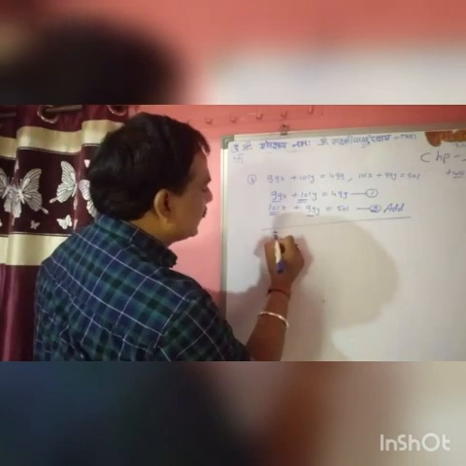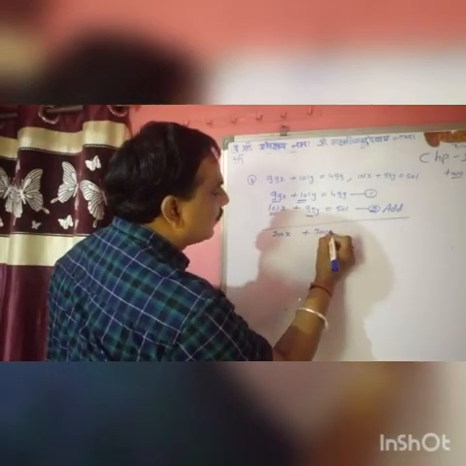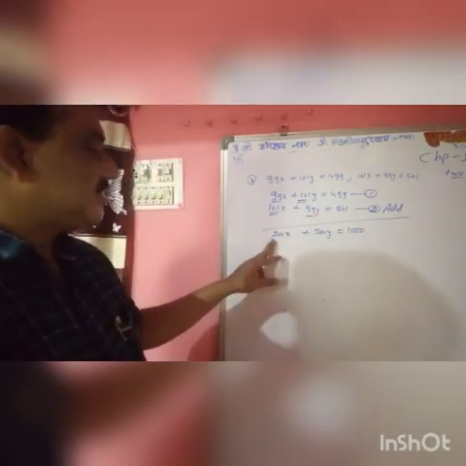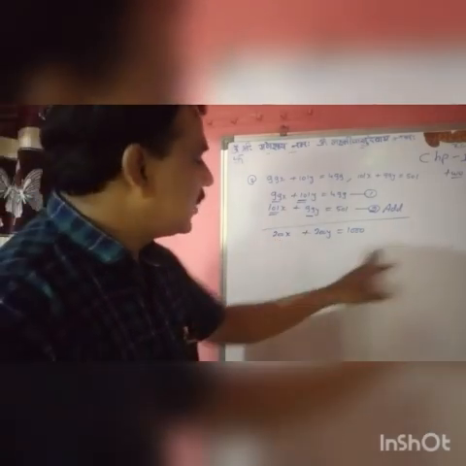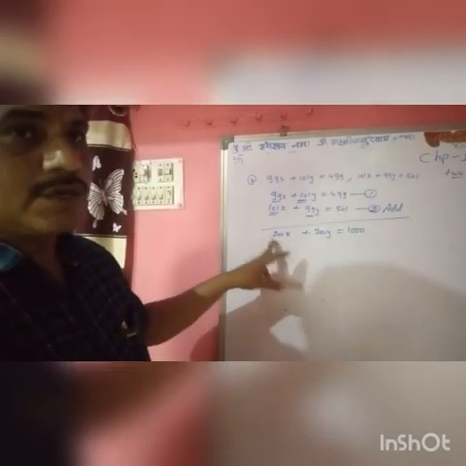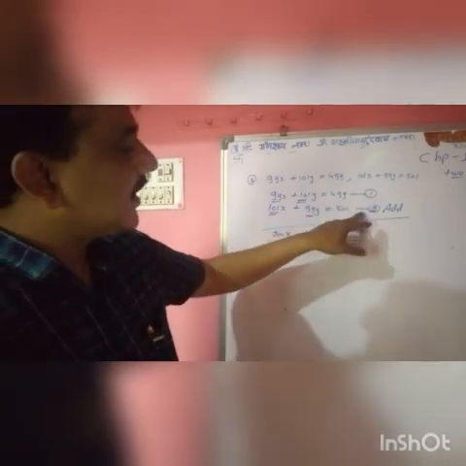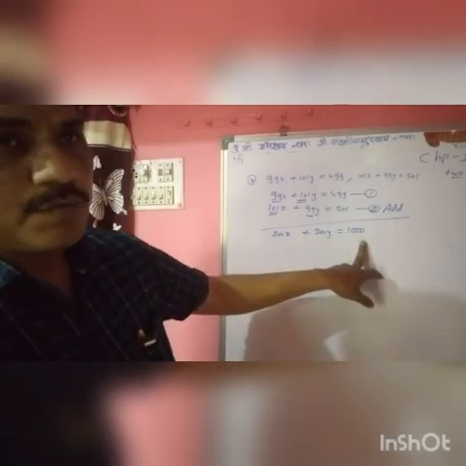99 plus 101, that is 200x, that is 200y, that is 1000. See the coefficient here, the coefficient is 200. Then divide the whole term by this 200, whatever the coefficient may be. Now here, when we add equations 1 and 2, we get 200x plus 200y is equal to 1000.